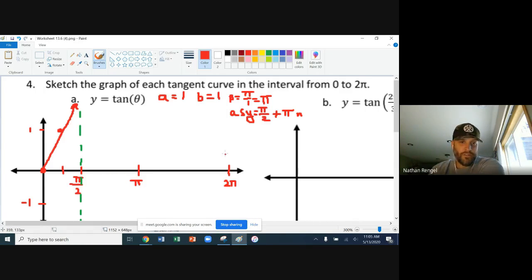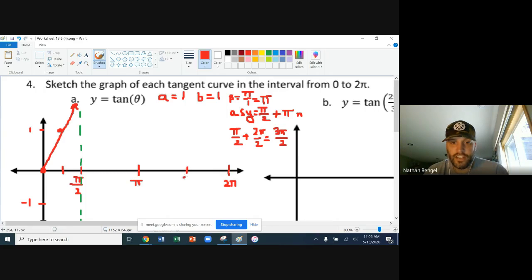Now we do need to find our next asymptote. So our next asymptote is going to be pi over 2 plus pi. Well, pi would be similar to 2 pi over 2. Make those common denominators. So our next asymptote is going to be 3 pi over 2. Which you go pi over 2, 2 pi over 2, 3 pi over 2 is going to be right in between pi and 2 pi.